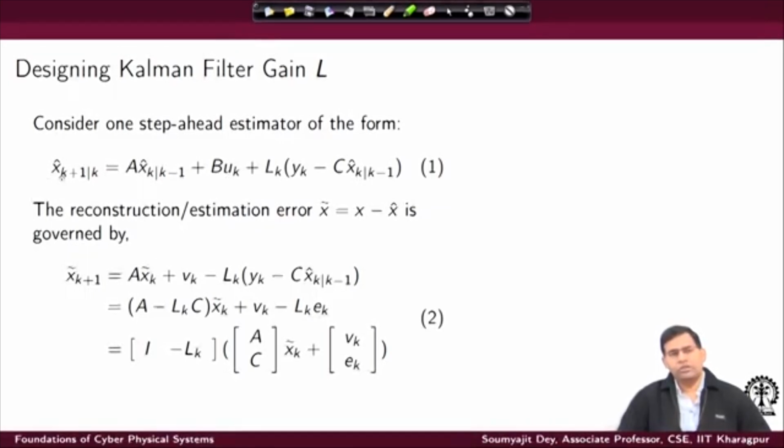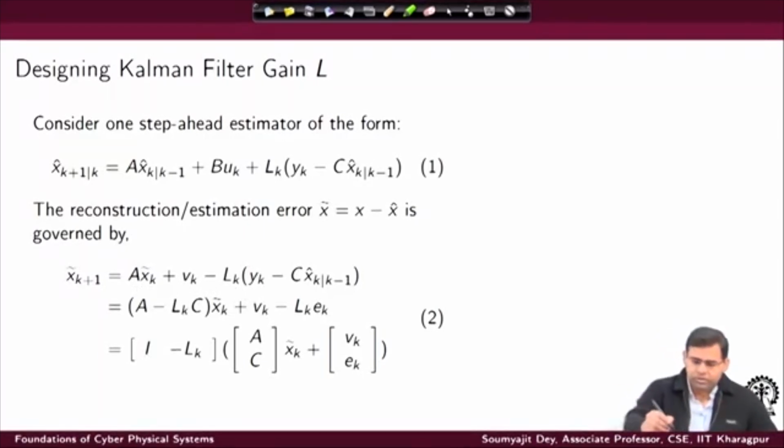So, this estimate and my original state, if I just subtract from the original state the estimate, what I can write is a reconstruction error, right. So, let x tilde denote the reconstruction error. So, essentially I can write something like this, right. I mean, well, how it comes is very simple.